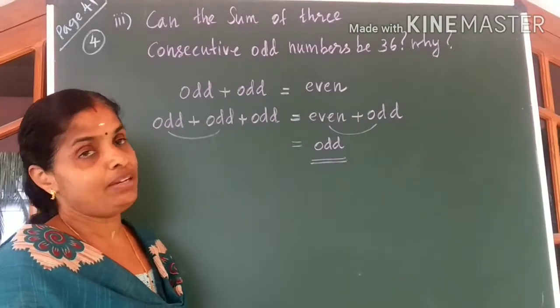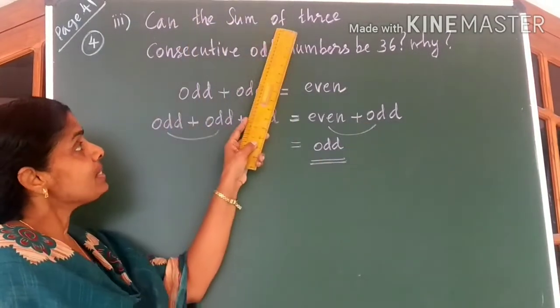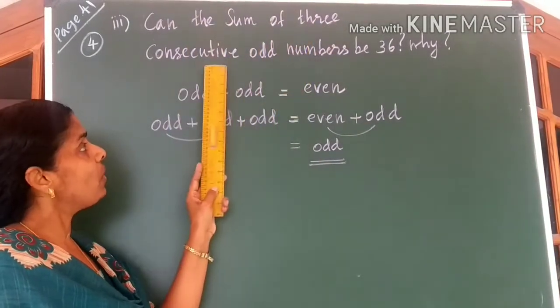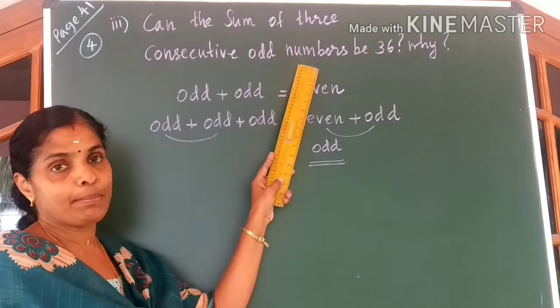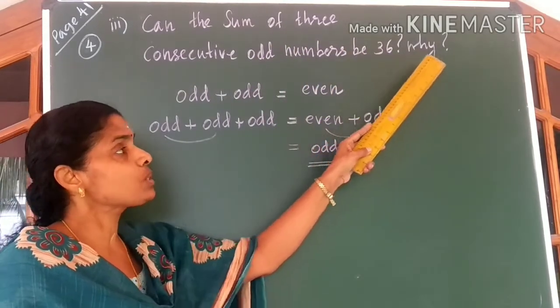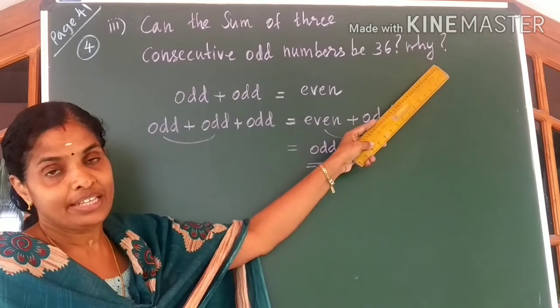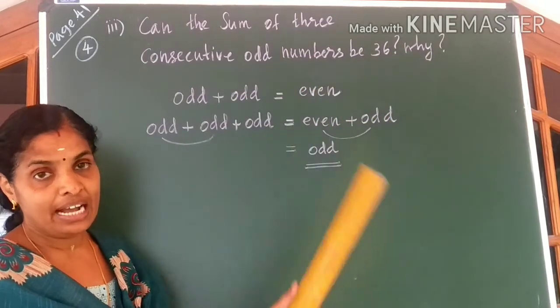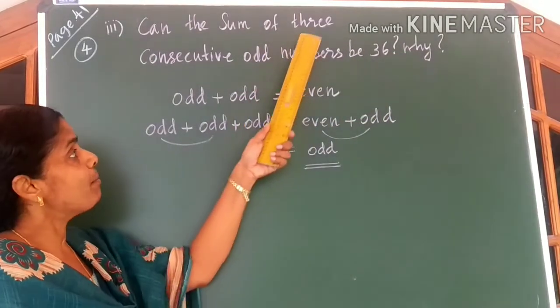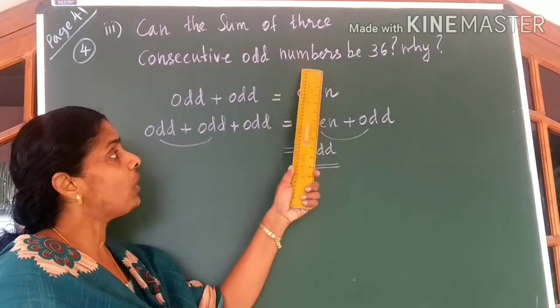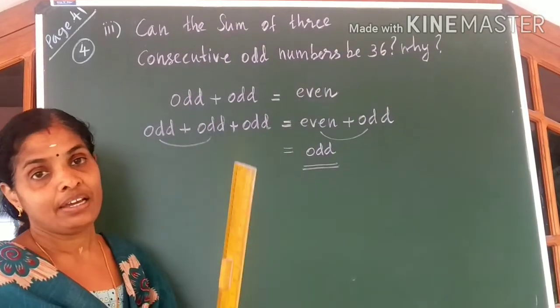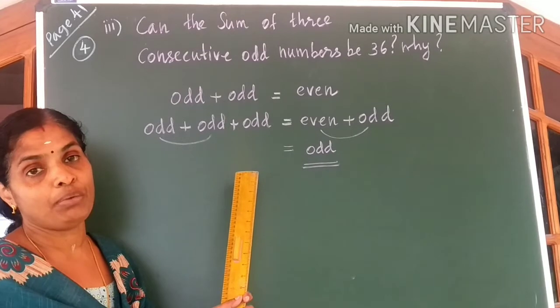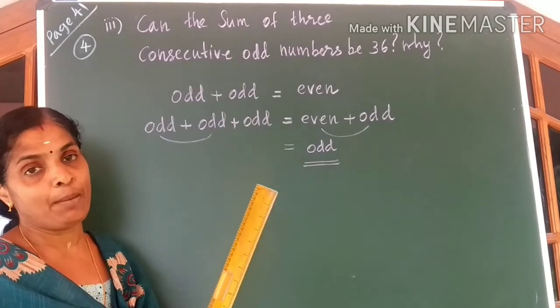Third sub question. Can the sum of 3 consecutive odd numbers be 36? Why? The question is, you are asked to find whether the sum of 3 consecutive odd numbers can be 36. I am explaining this problem without using the numbers.